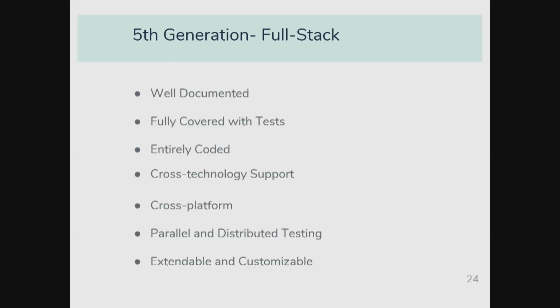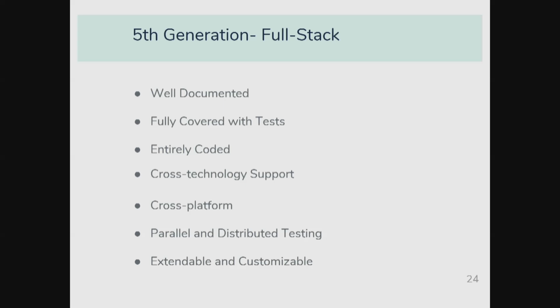And lastly, but I think this is the most important part about these 5th generation frameworks, they need to be extendable and customizable, meaning that usually, since every team and company works in a different context, most of the time your framework won't work out of the box for them.